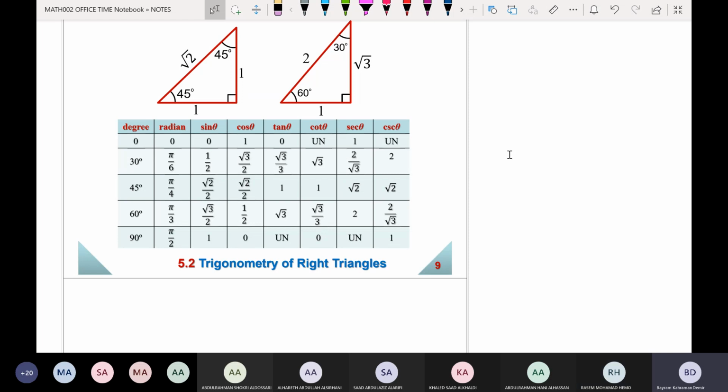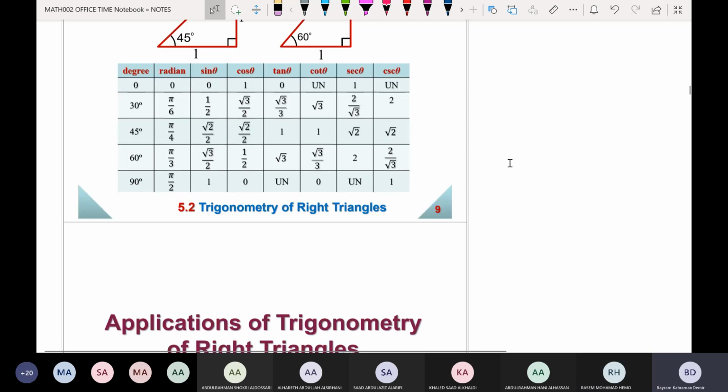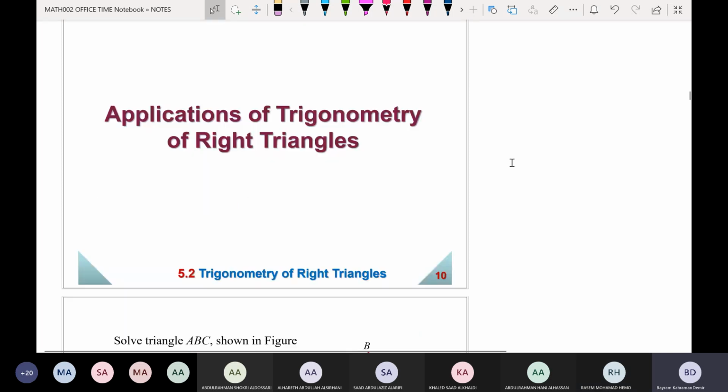Please help your friends memorize easily. I have no special technique to memorize. It just comes to my mind somehow, so please help each other, Shabab, to memorize it. All right. Okay, Shabab.